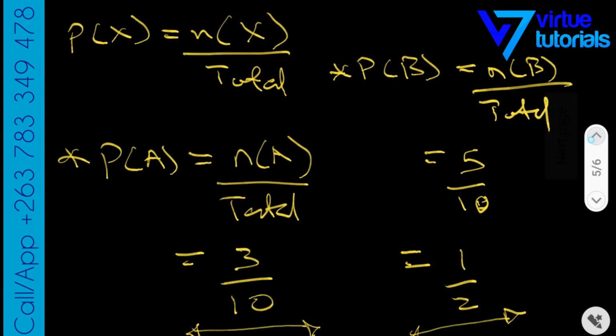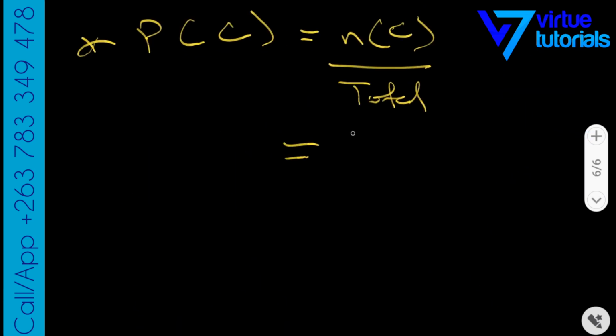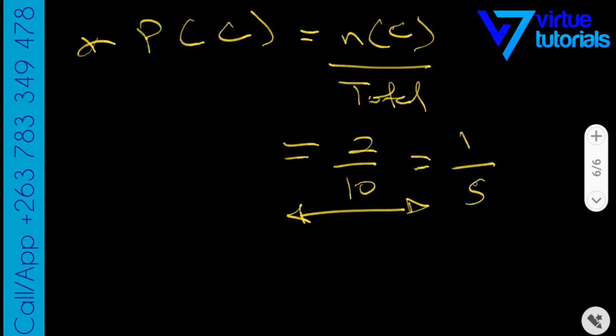So it's 2 over 10, which gives you the probability of getting C as 2 over 10. Again, we can bring that to lowest terms and get 1 over 5. So that's the simple method of calculating the probability of getting something.